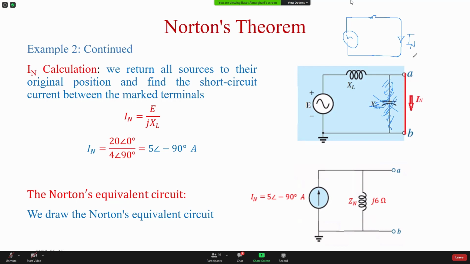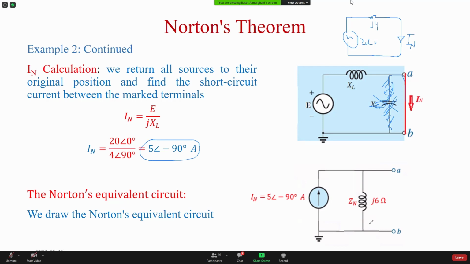Any element that is shorted is gone. Shorted means around it there is a short circuit. So here, this is j4, this is 20 angle 0. The total current is just the voltage divided by the impedance, and you get the current.